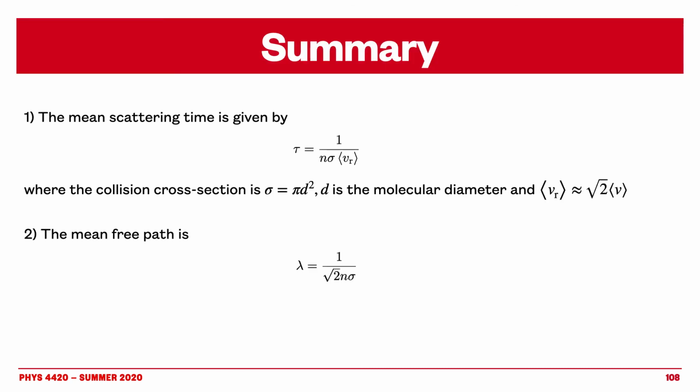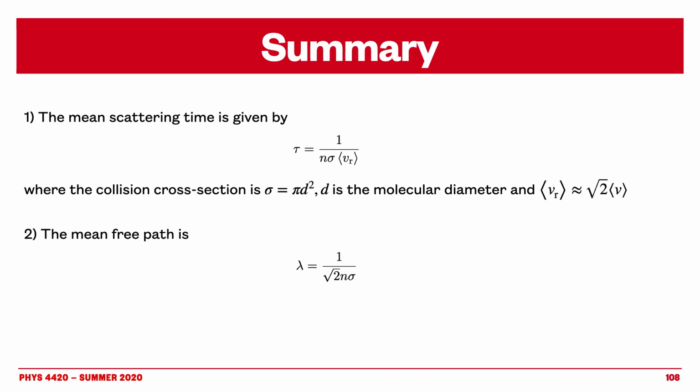Okay, so to summarize, we conclude this description of the kinetic theory of gas, which were applications of the Maxwell-Boltzmann equation, and which allowed us to calculate the pressure and find that we have a match with the ideal gas law.